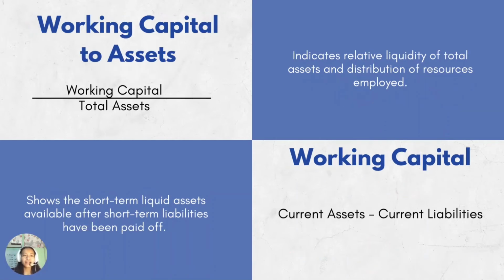The next one is the working capital to assets and working capital. So before we go with working capital to assets, simulan muna natin sa working capital. The computation for getting the working capital is basically getting the current assets and less the current liabilities. So the difference of that is the working capital. This shows the short-term liquid assets available after short-term liabilities have been paid off.